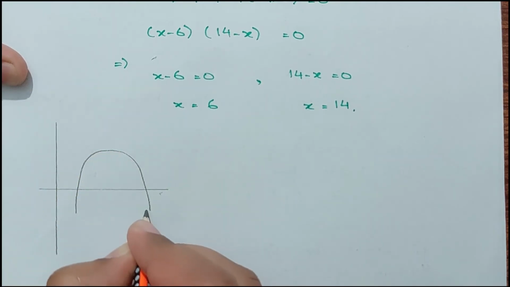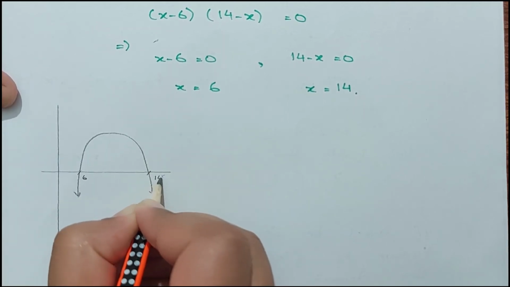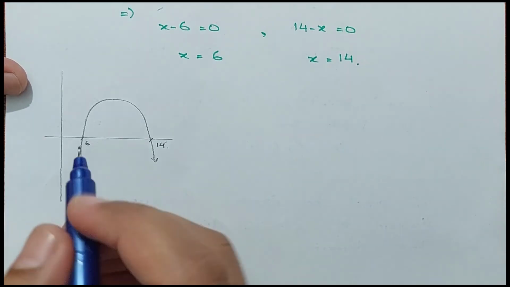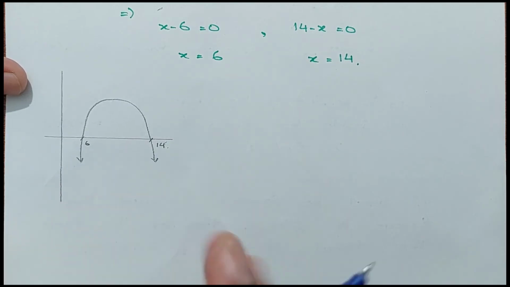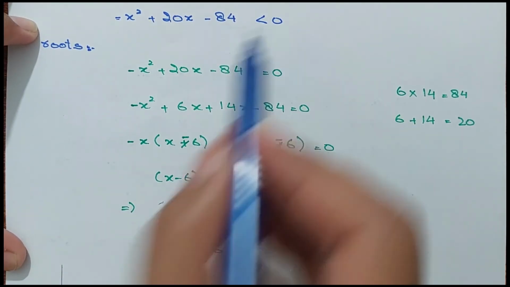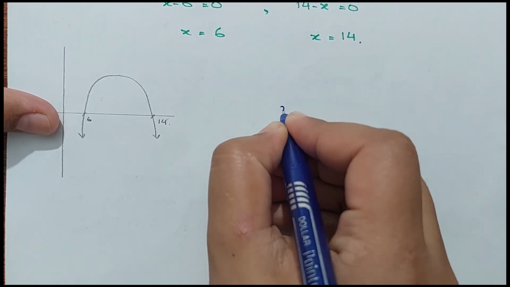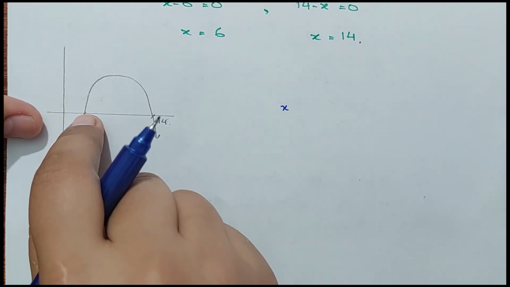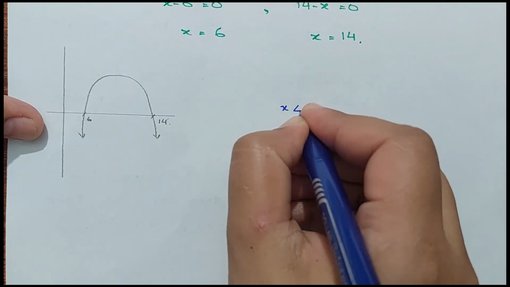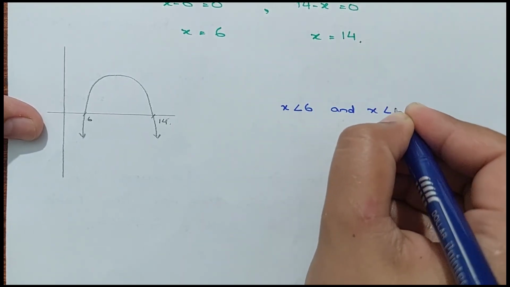This is the shape of the parabola. Let's say this is 6 and this is 14. The two roots are 6 and 14, the parabola opens downward, and we have to find the inequality when this is less than 0. It is less than 0 when the values of x are less than 6 and the values of x are more than 14.